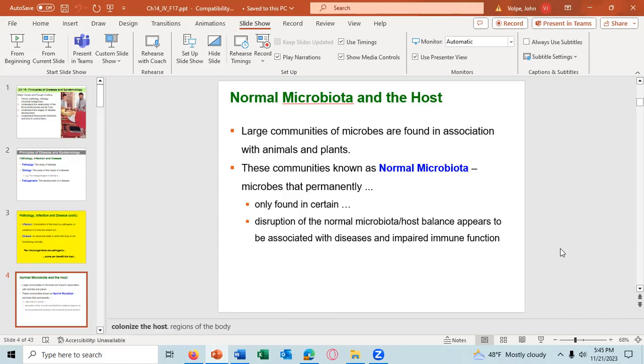For example, when you take antibiotics, if you get constipated afterwards, or you get diarrhea afterwards, that is probably a side effect of taking the antibiotics. And that's disrupting the normal microbiota host balance.